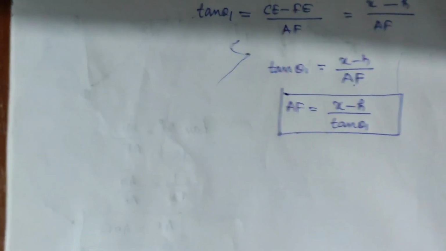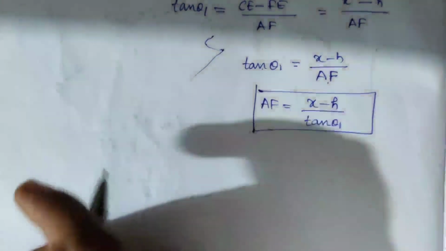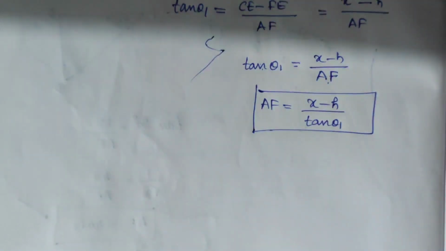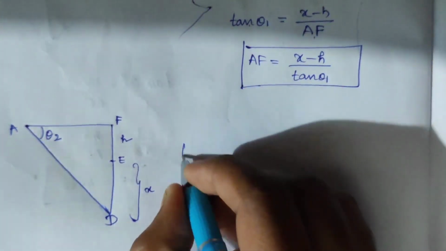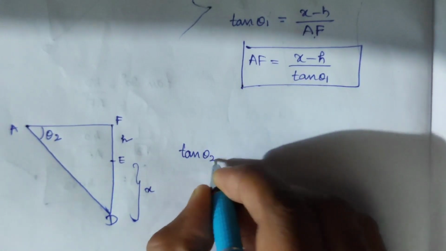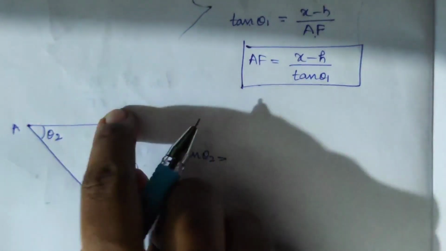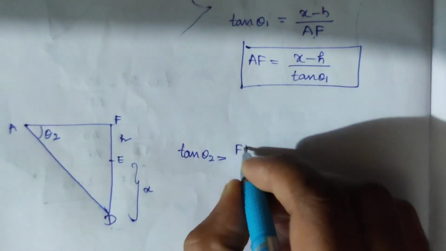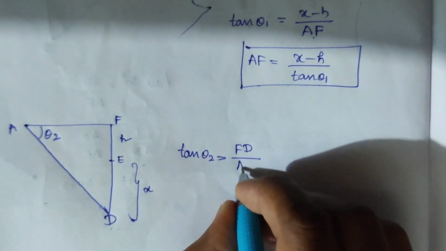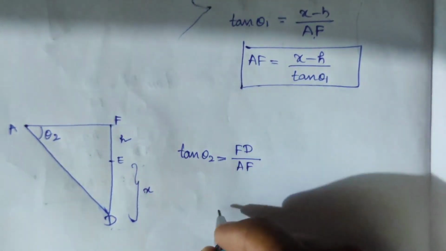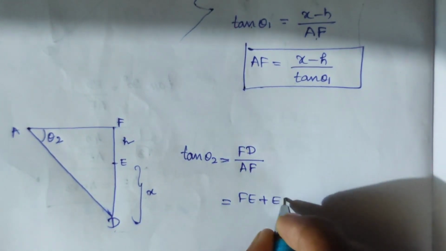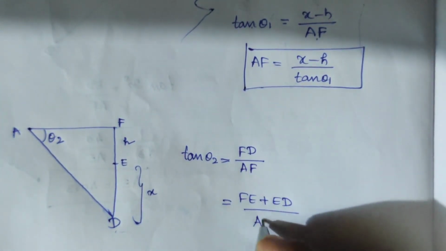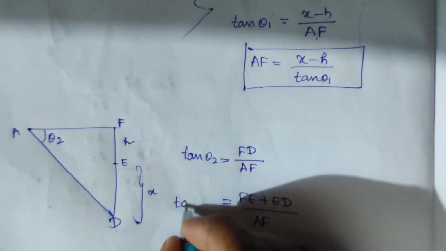Now consider the second triangle, that is DAF. Tan theta 2 is equal to opposite by adjacent, so FD by AF. Here FD is equal to FE plus ED, so FD by AF is equal to tan theta 2.